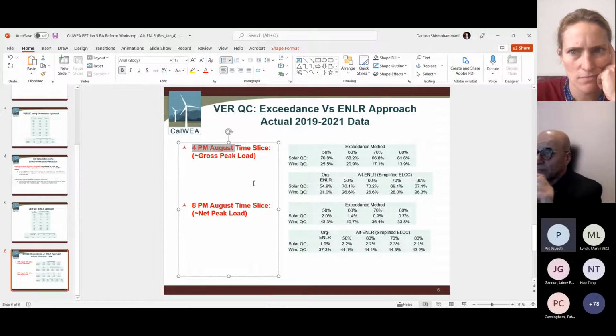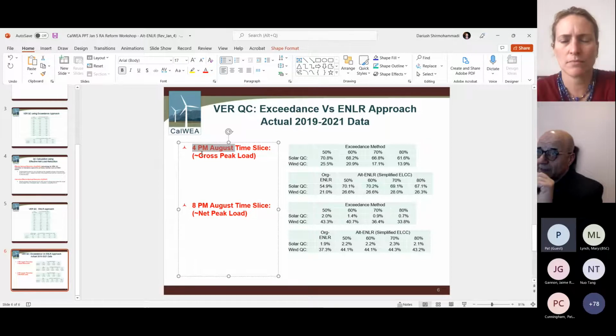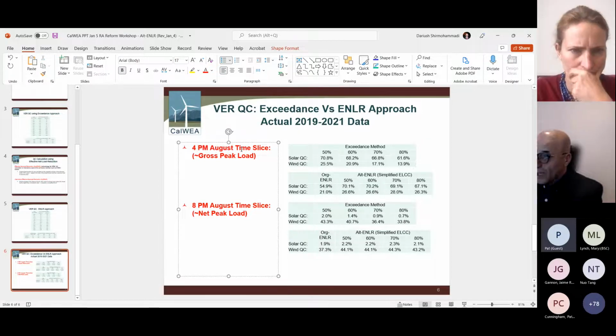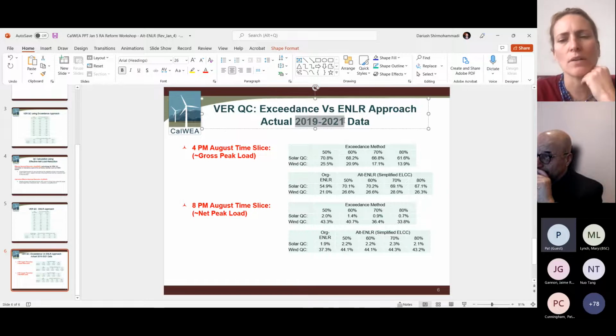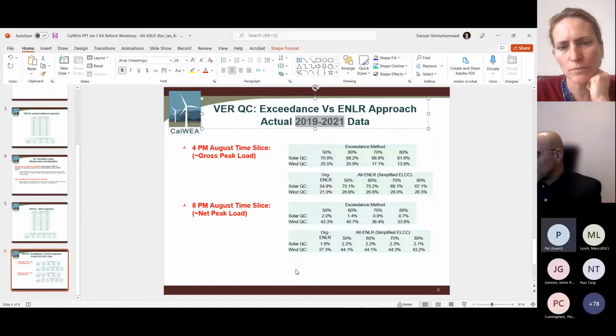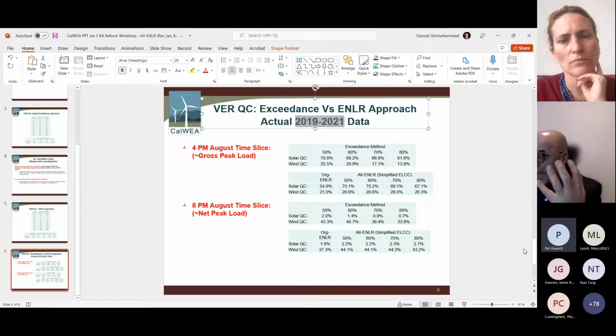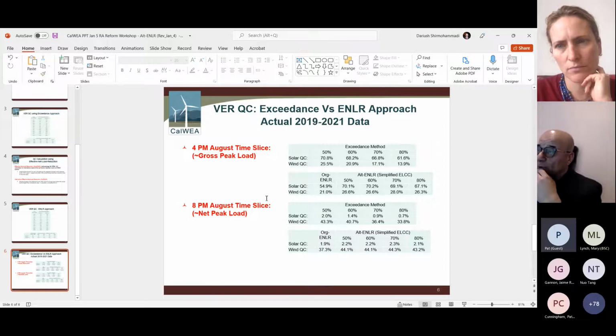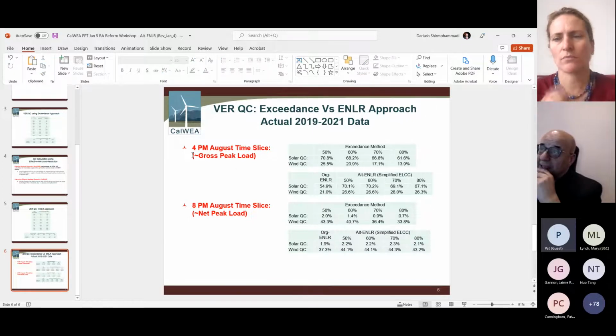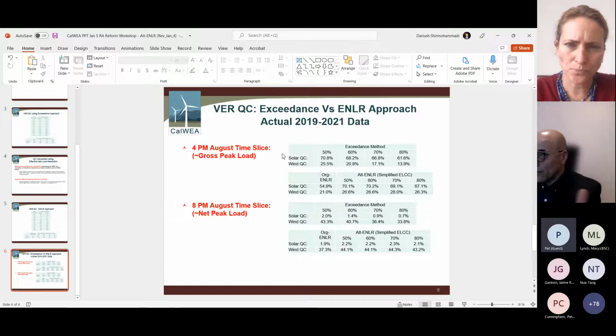It will be the peak load for that one 4 p.m. August for these 3 years. So that will be the peak load I would consider, because in this new world every slice will have its own attributes to be attended to. So we only look at the peak load for that slice based on all the samples we have for that slice.